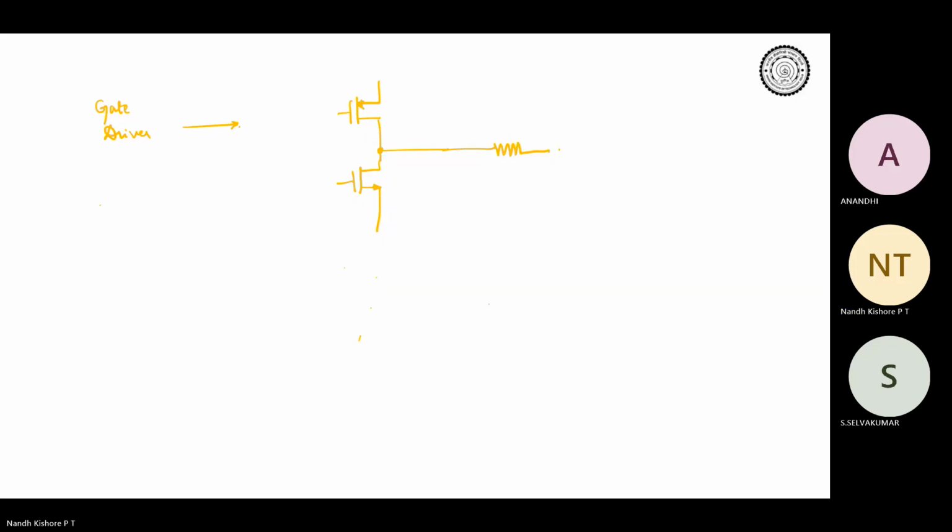So this is your VDD. We told that this will be your VEE. This is RG, and this is connected to the device.